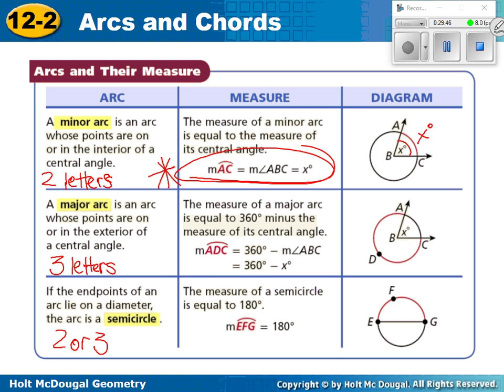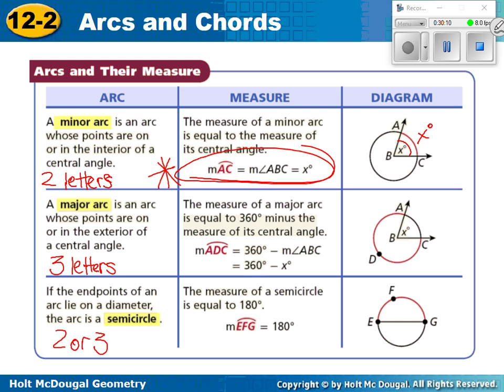What do you think the difference between a minor arc and a major arc is? Major arc is bigger. Bigger than what? Okay, more specific. Bigger than 180. A major arc is bigger than a semicircle. A minor arc is going to be what? Smaller than a semicircle.